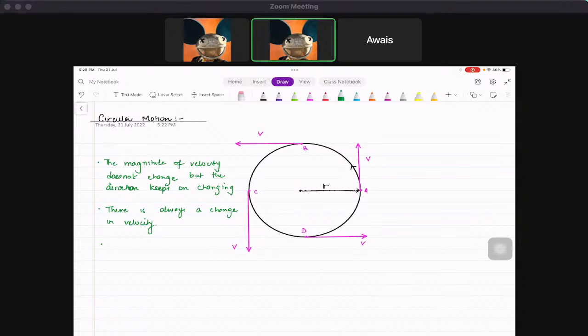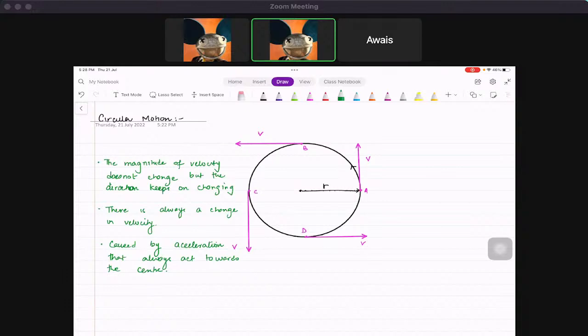and this change basically is caused by acceleration that always acts towards the center.